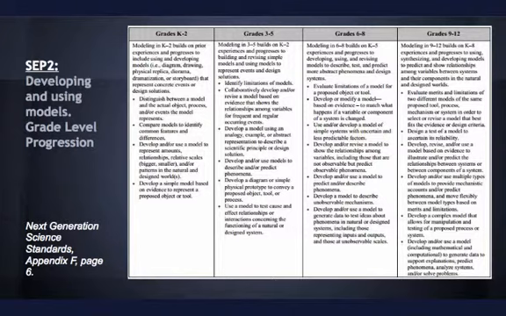Students in grades 6 through 8 progress to developing, using, and revising models to describe, test, and predict more abstract phenomena and to design systems. Throughout grades 9 through 12, students incorporate analyzing variables to predict and show relationships between components of natural and designed systems.